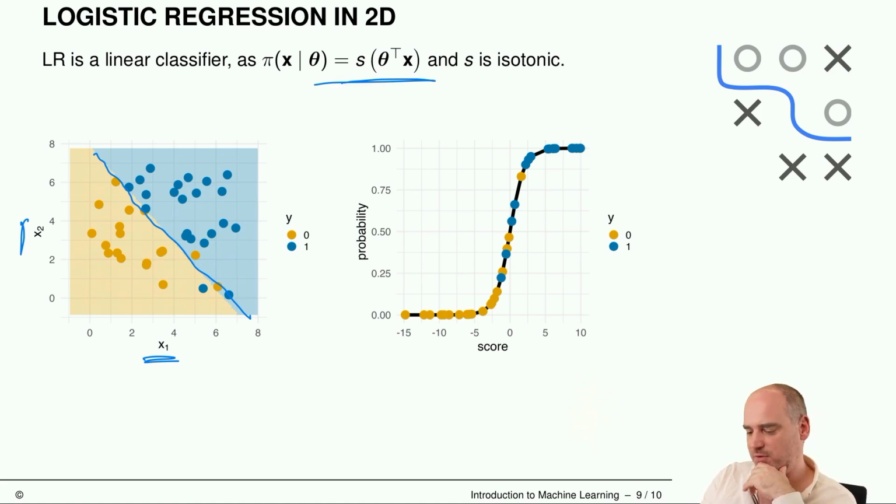And as we proved in the session before, the decision boundary will then be a linear structure, a hyperplane in R to the P or in R to the P plus 1. You can also see here how the scores are transformed into probabilities if we plug them in a univariate fashion into our S function.